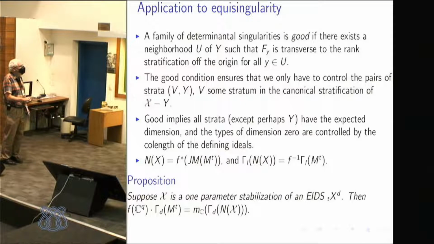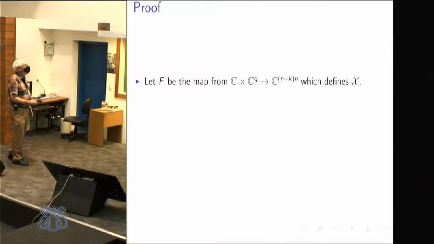Suppose x is a one-parameter stabilization, then this is a crucial thing. The multiplicity over C of this polar curve is actually an intersection number. So this is the result that shows that this invariant, which a priori may depend on the stabilization family, actually does not. So let's see why this is true.